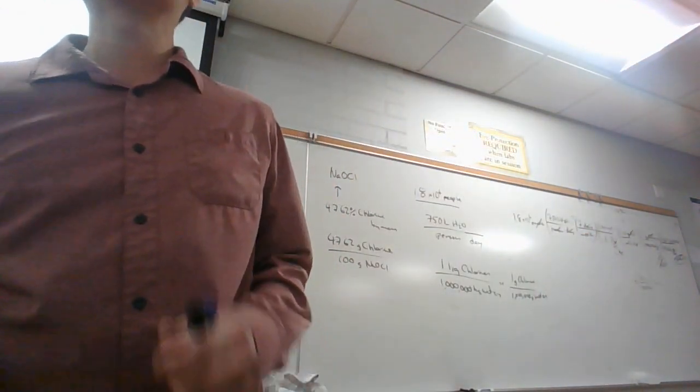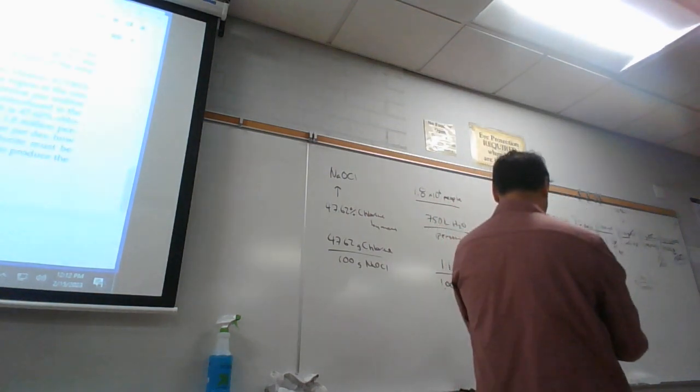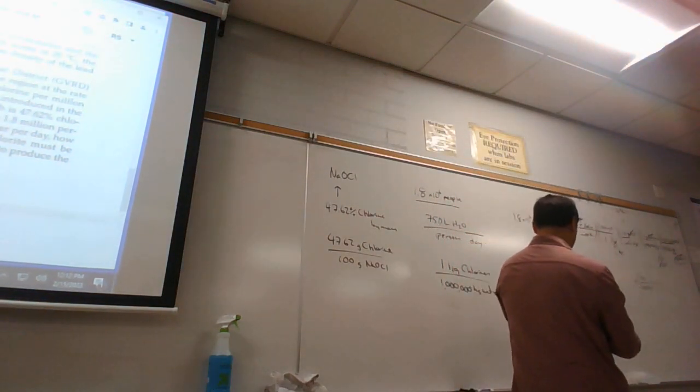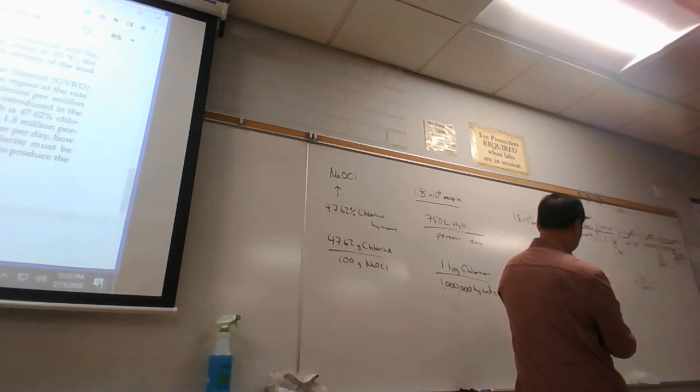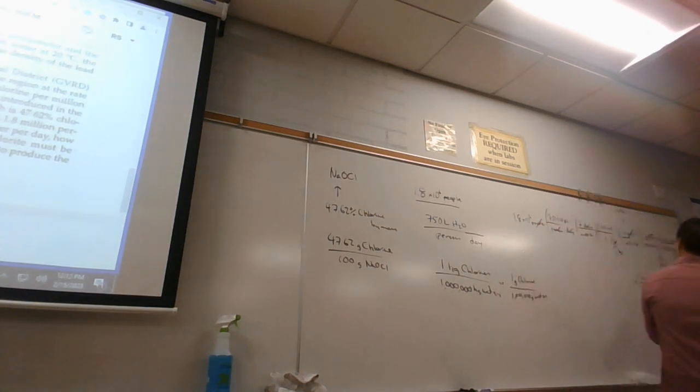So this is just a straight dimensional analysis problem. So 1.8 times 10 to the 6th times 750 times 7 times 1,000, divided by 1 million, times 100, divided by 47.62, divided by 1,000.